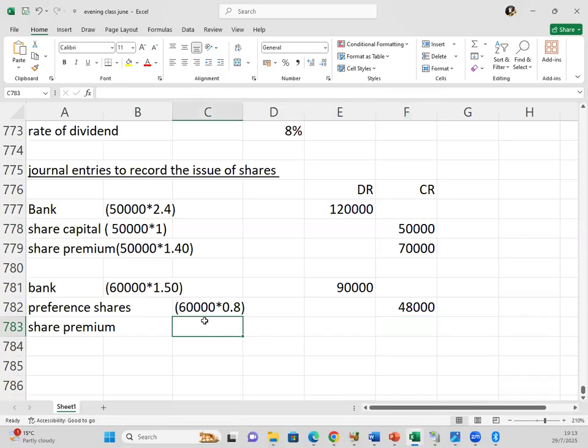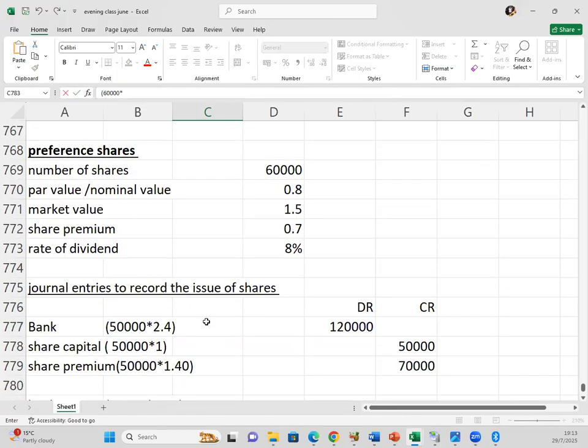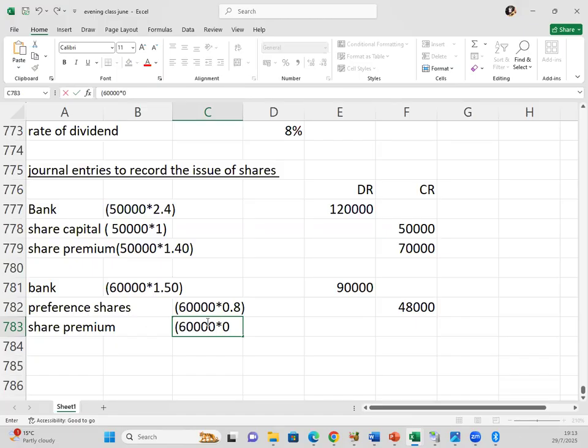Then for the share premium, it's 60,000 times the premium per share. We're told it's 70 cents, so that would be 60,000 times 0.7.